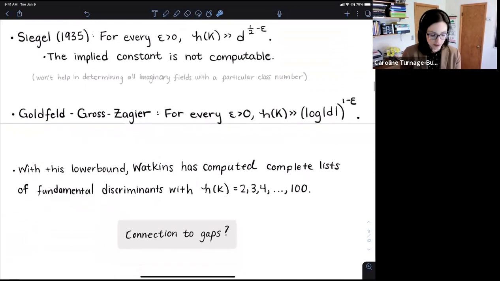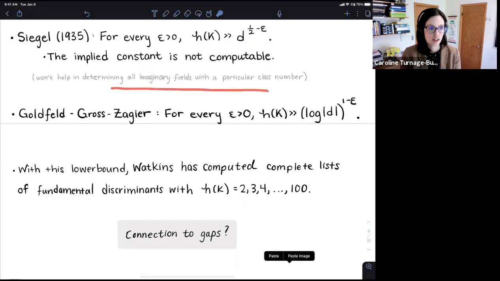All right, so almost done with the history, and then we'll see what this connects to with gaps. So Siegel in 1935 proved a very strong lower bound on the class number, but the implied constant isn't computable. So in this classification that we have, this lower bound won't help.